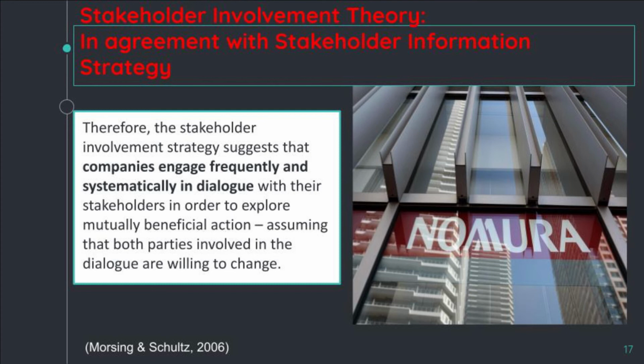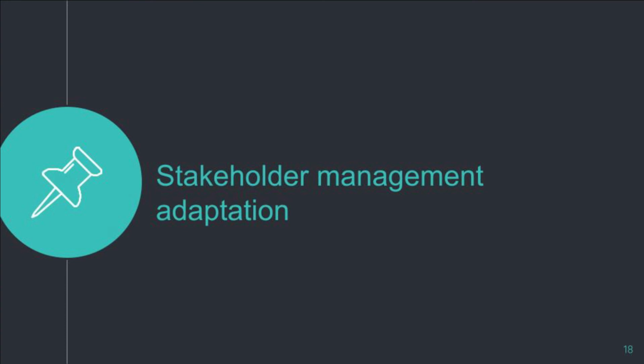Therefore, the stakeholder involvement strategy suggests that companies engage frequently and systematically in dialogue with their stakeholders in order to explore mutually beneficial action, assuming that both parties involved in the dialogue are willing to change. So stakeholder involvement theory really assumes dialogue.